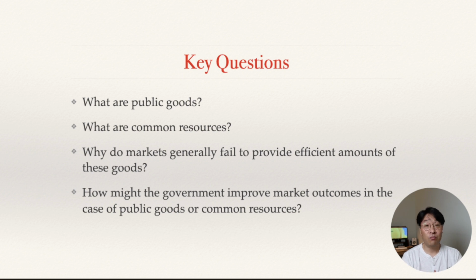So what is the main problem that comes out of that direction? We need to see about it. Why do markets fail is another way to express that problem. And then next, if it is public goods or common resources, what type of policy can government use to solve this issue? Let's see one by one.